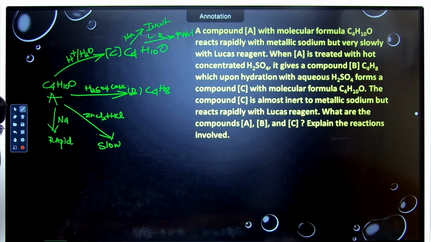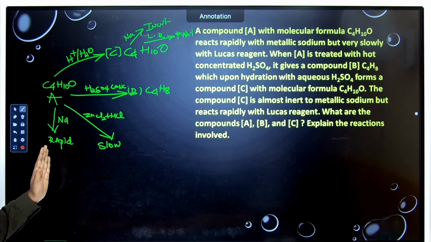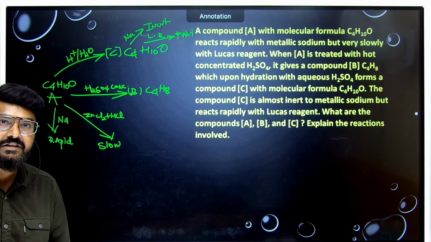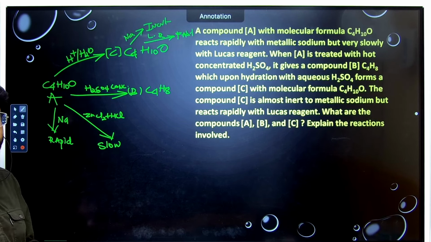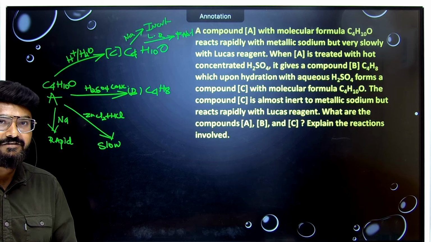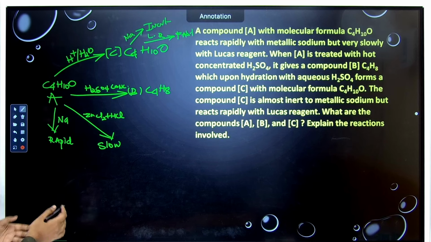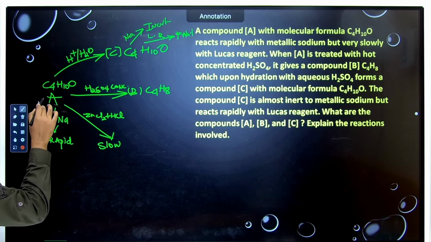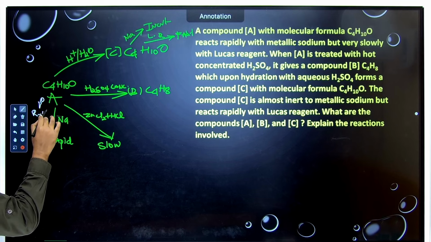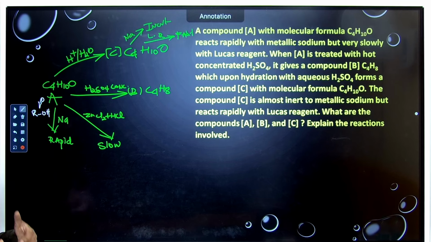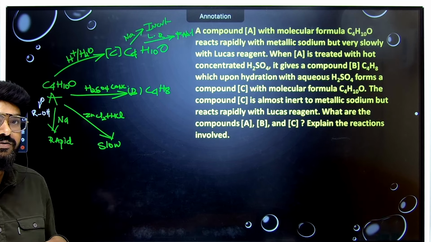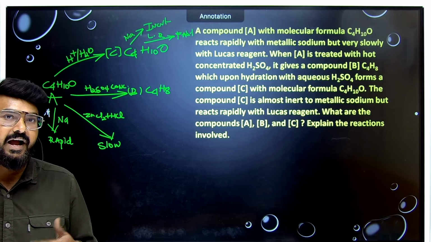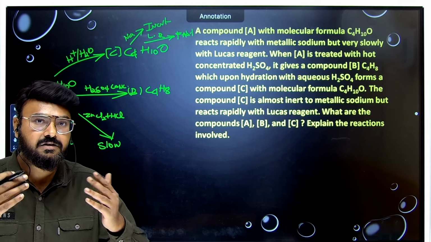Now, which alcohol will it be? First of all, it is slow with Lucas reagent and it gives a fast reaction with active metals like sodium. So it has to be a 1 degree alcohol, because 2 degree and 3 degree alcohols are quite fast with Lucas and they don't tend to react with active metals like sodium because their acidic nature is low.